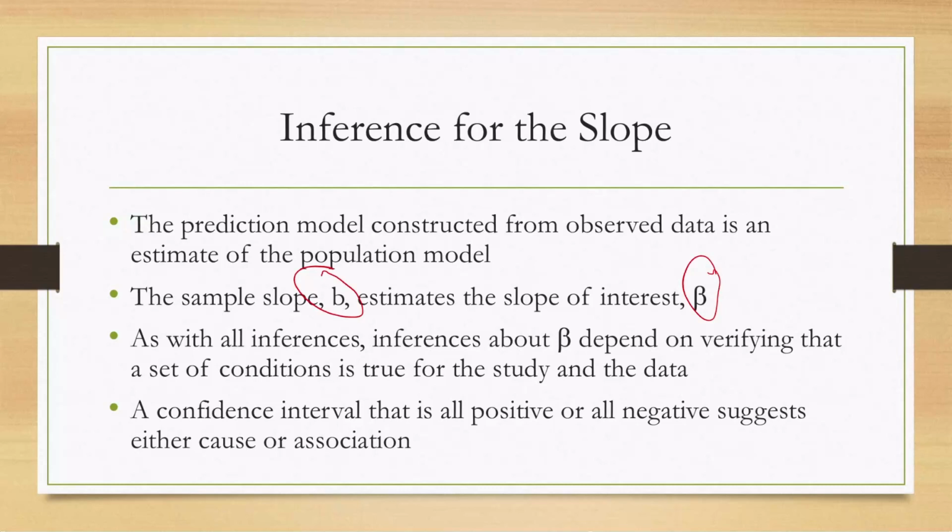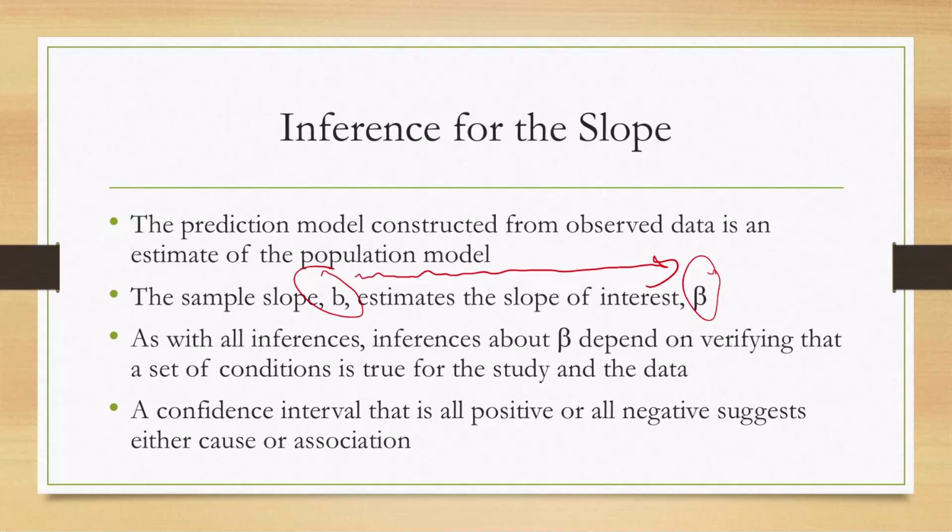That's beta. So beta is what we can't actually get our hands on, but we can use B to estimate what beta is going to be. It's our best guess of beta.